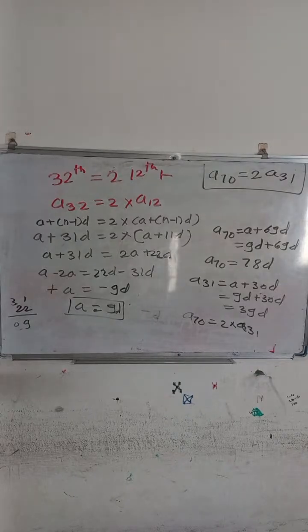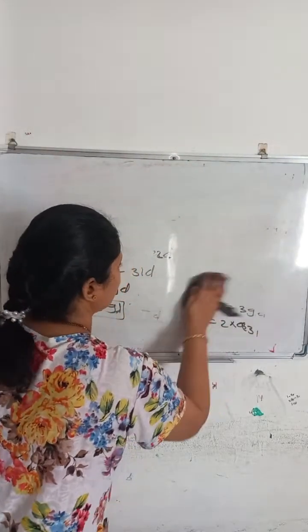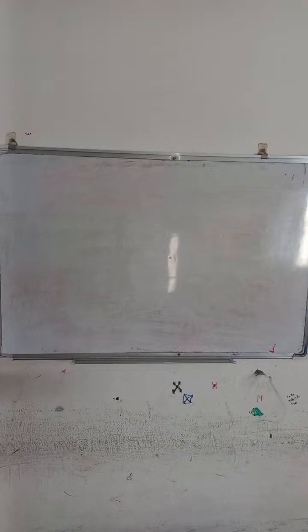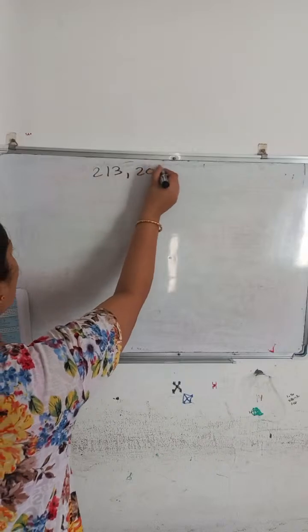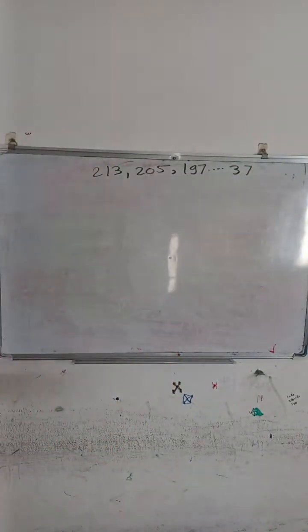So write down: find the middle term of an AP, and the AP is given here: 213, 205, 197 and so on, up to the last term 37.